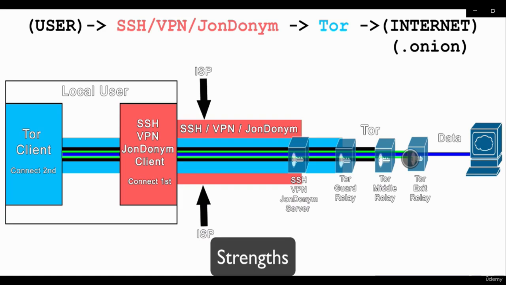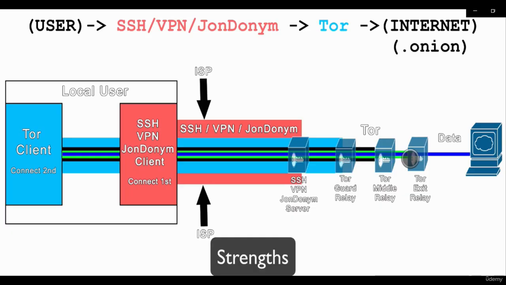Let's have an example, like if an attacker gains a Tor guard relay or passes a Tor middle relay and finally a Tor exit relay, and Tor stores activity of the local user by an incoming SSH, VPN, JonDonym attack.